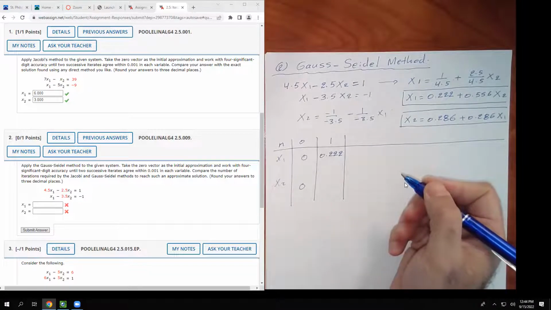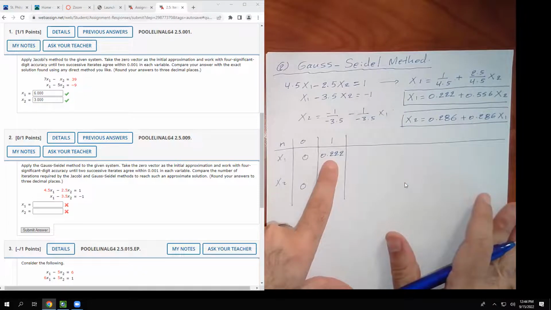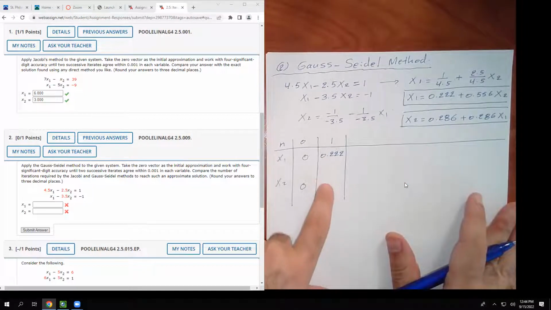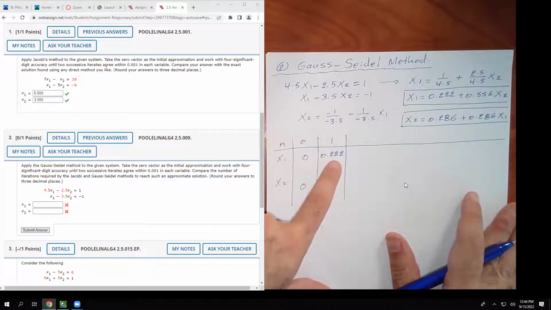Here is the difference: I have the new value for x1. To find the new value for x2, I'm not going to use the old x1, I'm going to use the new x1.